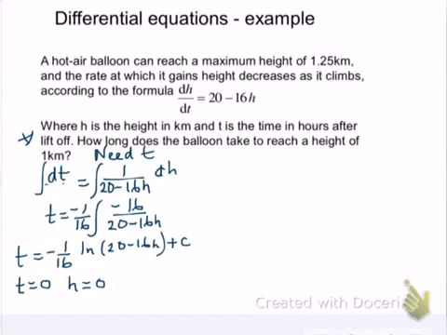So therefore, 0 is equal to minus 1/16 ln 20 plus c, which makes my c equal to 1/16 ln 20.